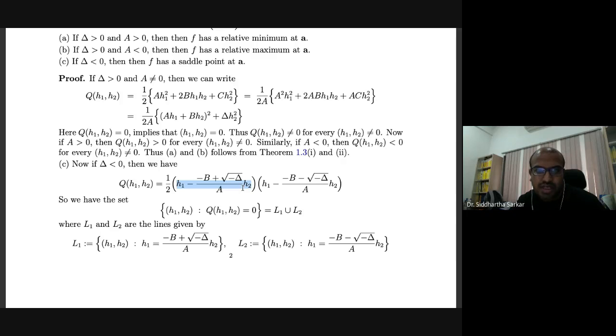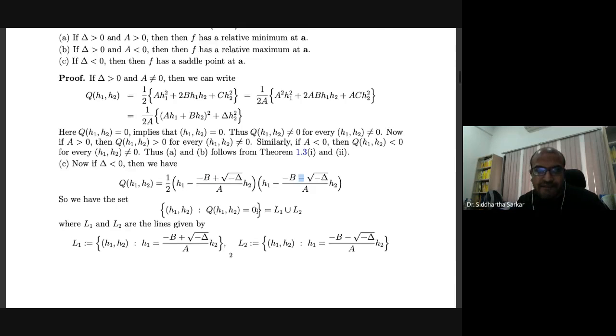On one side of the line it takes positive values, and on the other side of the line it takes negative values. The same happens to this, the two regions which are divided by L2. Okay, so L1 and L2 are definitely two distinct lines because I have a plus factor over here and a minus factor over here. The square root of minus delta is not going to be 0.